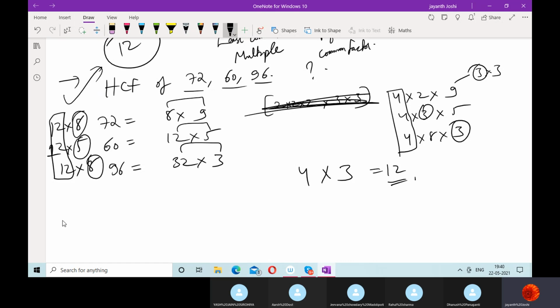Question number 2. Now try and find out the LCM of this number and tell me what's the answer.